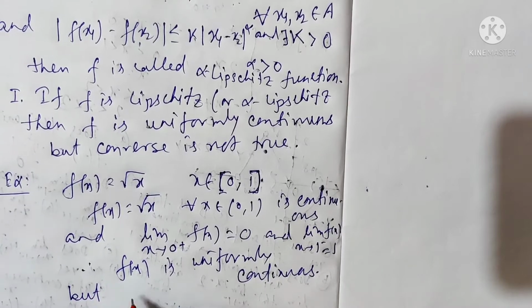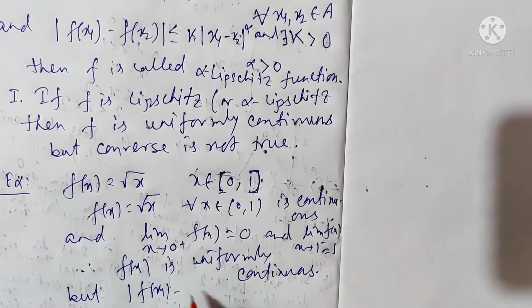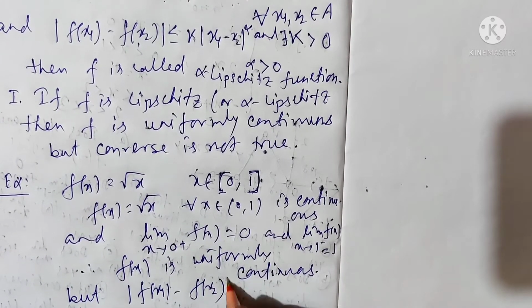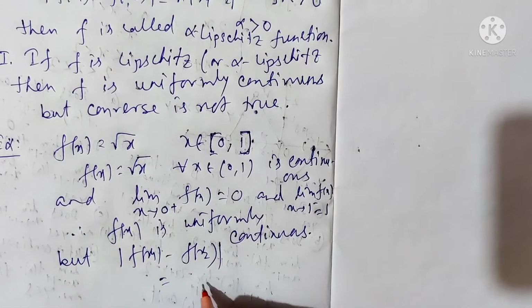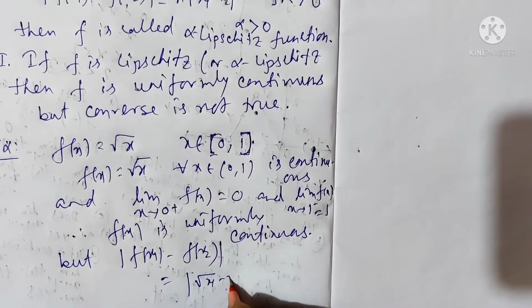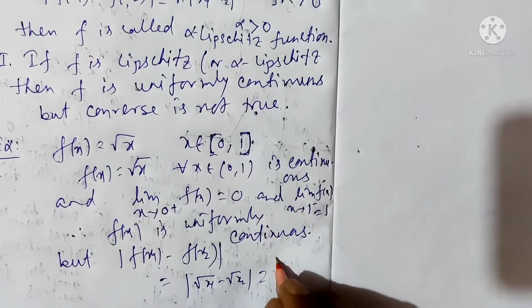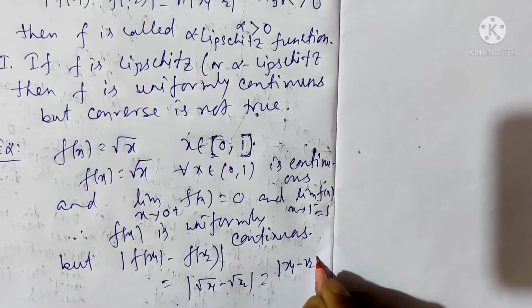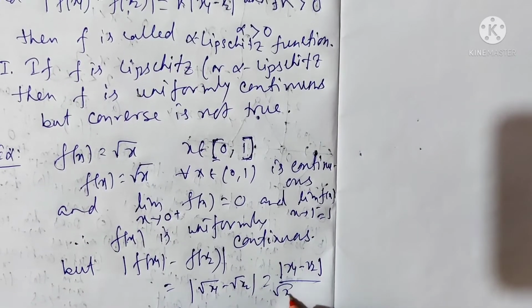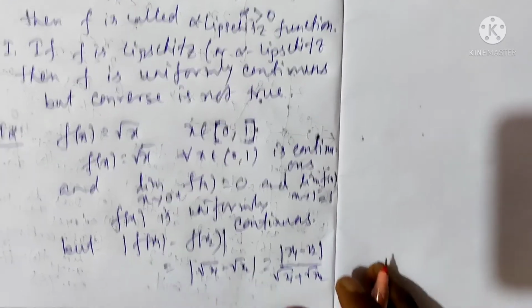But modulus of f of x1 minus f of x2 equals modulus of root x1 minus root x2, which equals modulus of x1 minus x2 divided by root x1 plus root x2.